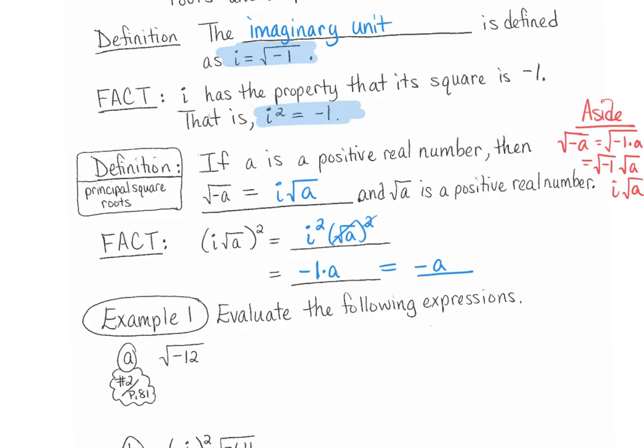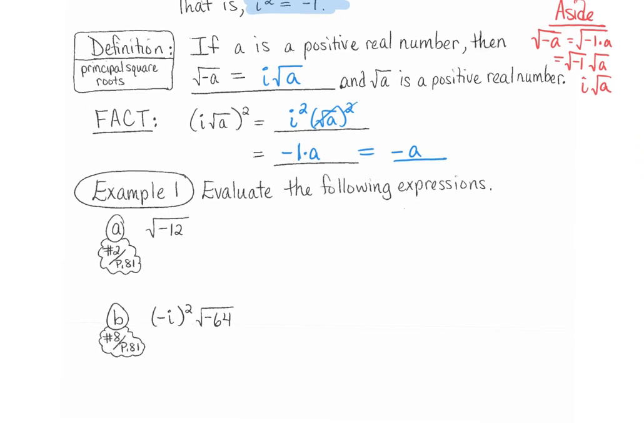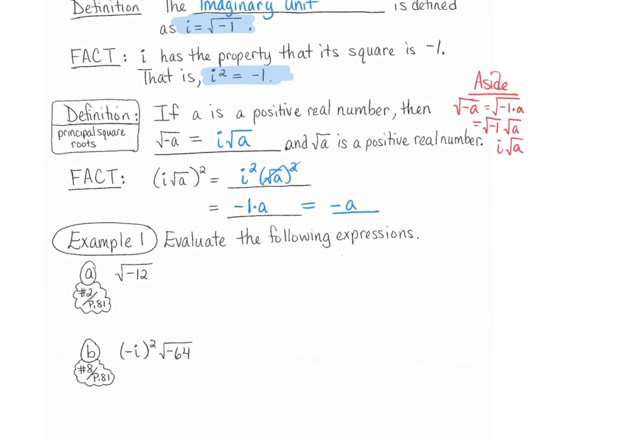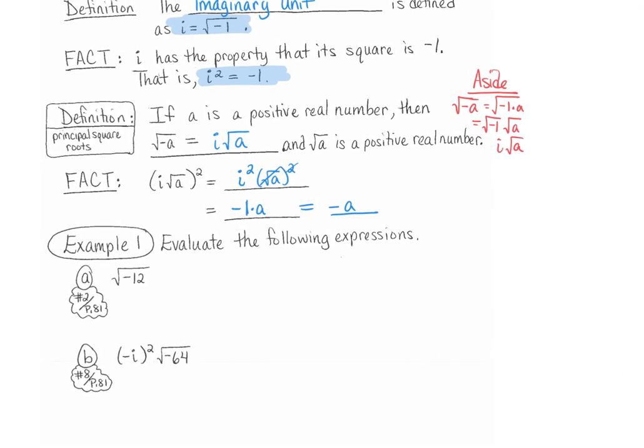Example 1. We want to evaluate the following expressions. Is that too small? You want me to zoom in? That's good? Okay, we have the square root of -12. Our goal is to evaluate the expression. That's equal to the square root of -1 times 12.